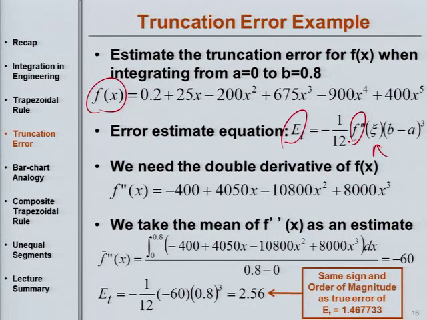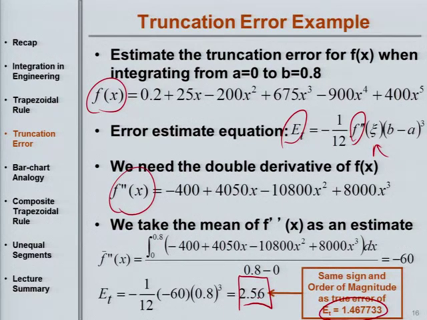Nearly nothing we do here in numerical analysis will we get an exact estimate of the error. It's only when we have the analytic expression. So if we actually plug this into this equation here, average over the range 0 to 0.8, and divide by that to get the average, we end up with an error estimate that's about 2.5. And if you go back previously, the exact error was about 1.5.